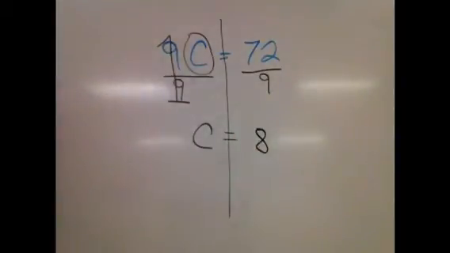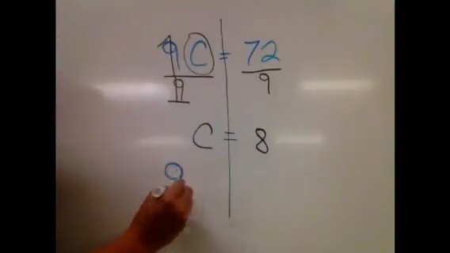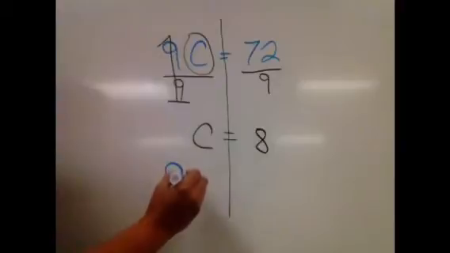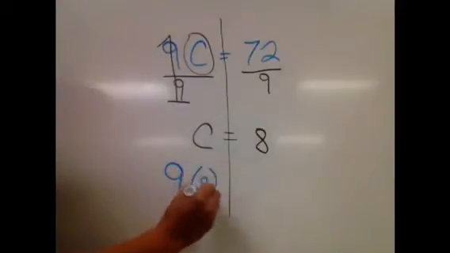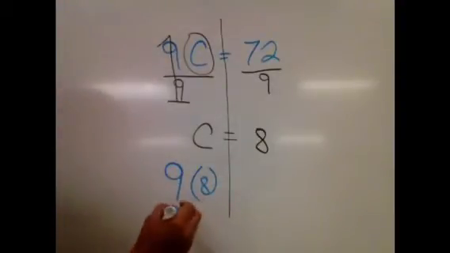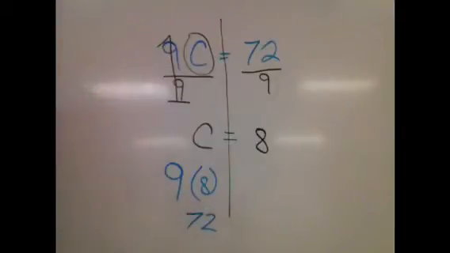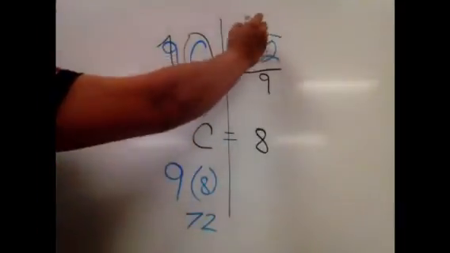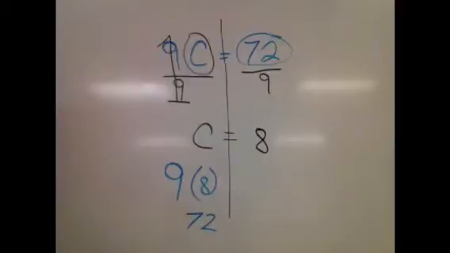Okay, double check if you need to. All right, what was this at the beginning? The beginning was 9 times C. C is 8. 9 times 8 is 72. Okay, and that's what we had here to begin with.